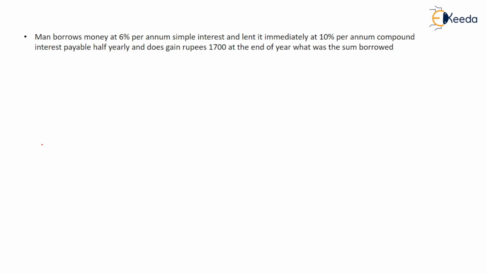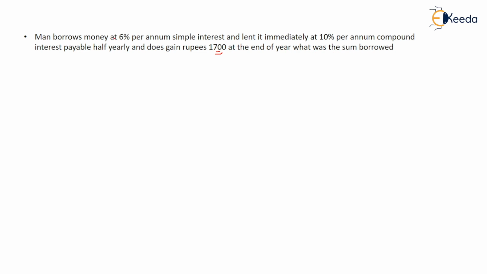So here is a question: a man borrows money at 6% per annum simple interest and lends it immediately at 10% per annum compound interest payable half yearly, and thus gains rupees 1700 at the end of the year. What was the sum he borrowed?